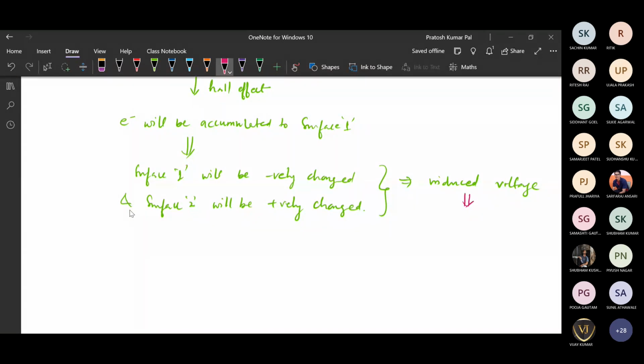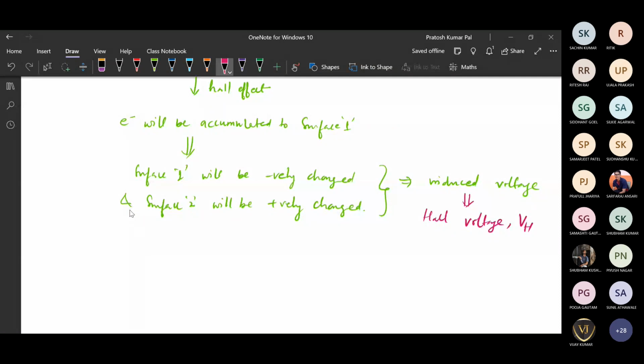So this induced voltage is called the Hall voltage, VH. So because of the induced voltage, what is the sign of induced voltage, whether it is positive or negative?